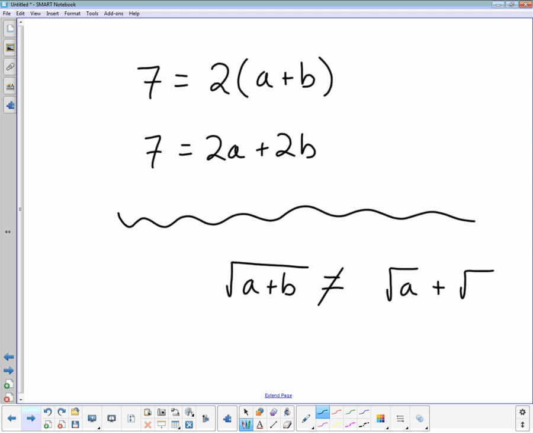This does not fly. Right? We know that. Can't play that game. And also, this doesn't fly. Right? Doesn't work that way. So the square root function is not a linear function. All right?